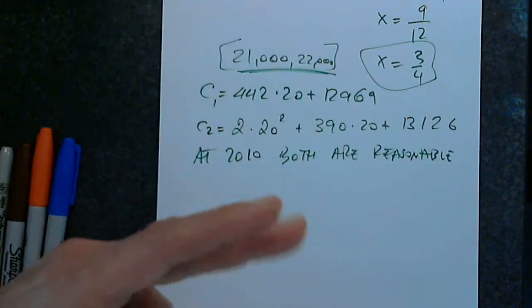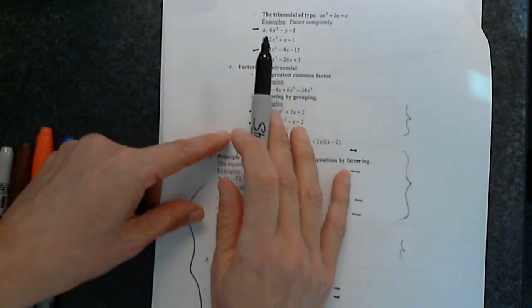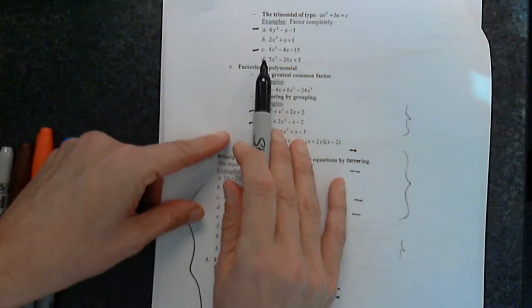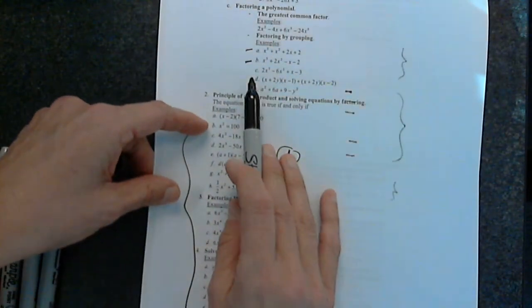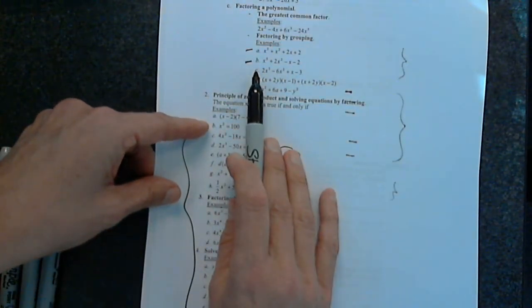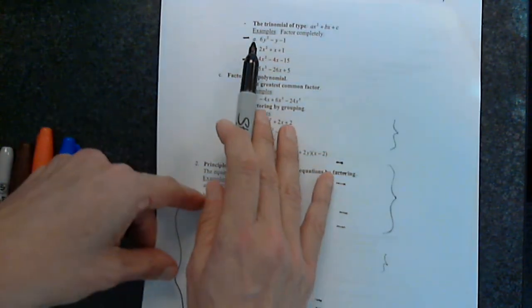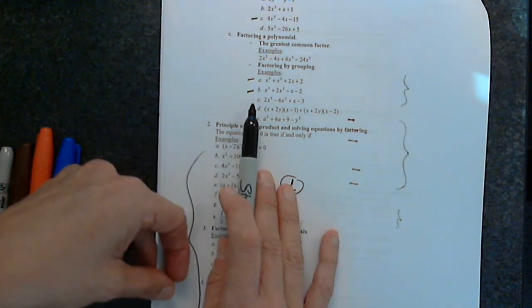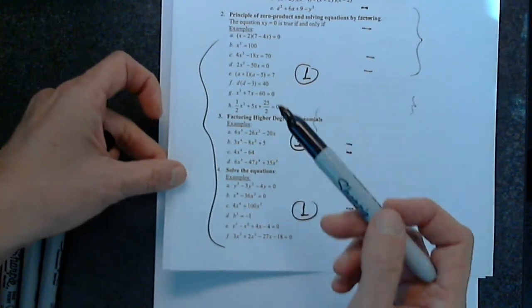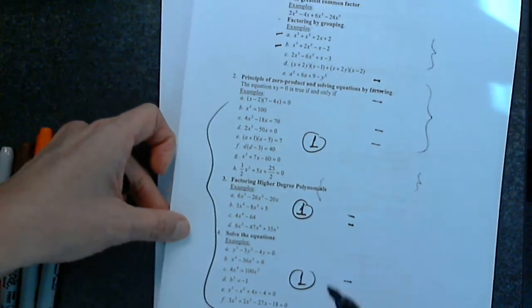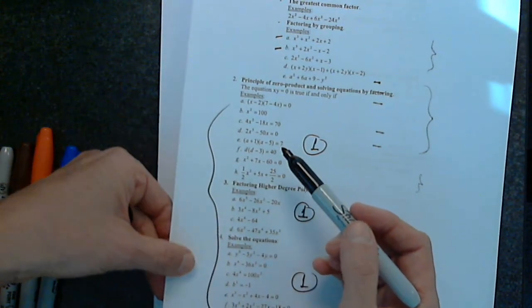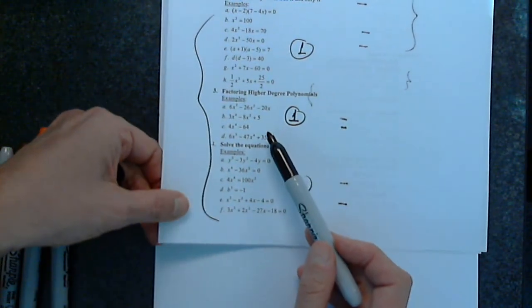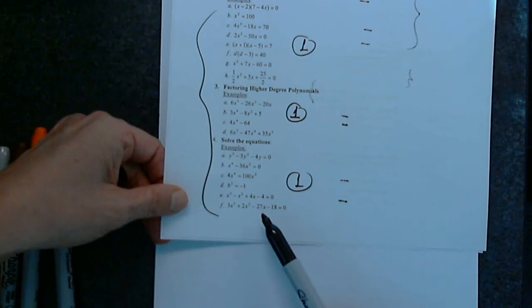Now on the next page, top section A and C. The next section A and B. And from the next three sections, I want you to choose one problem from the first, one problem from the second, and one problem from the last.